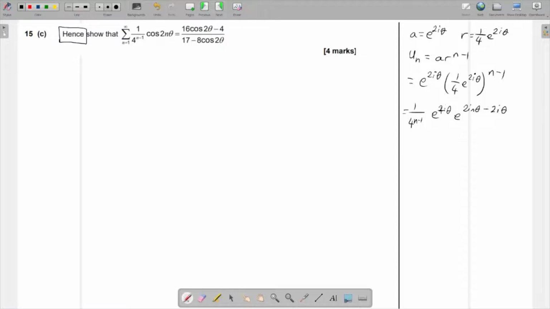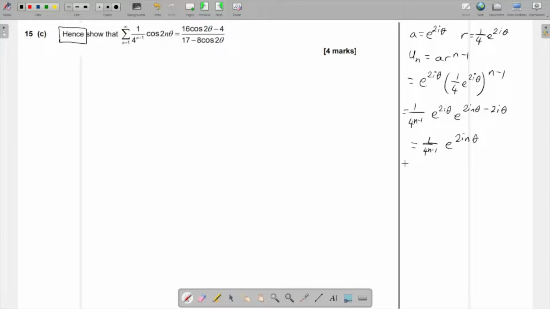Okay, so what we can see is when we multiply these two together, these two powers cancel out, so you're just left with the 2i n theta. So we have a 1 over 4 to the power of n minus 1 e to the 2i n theta.